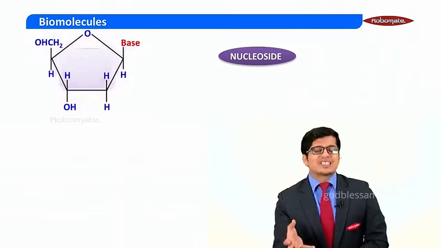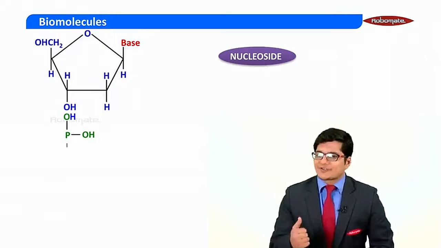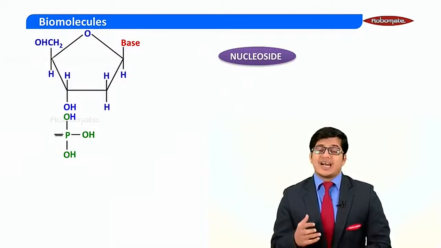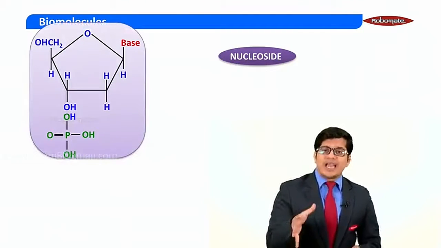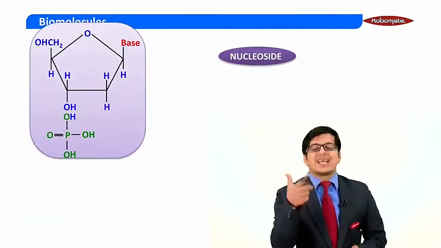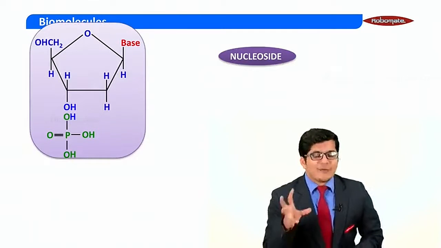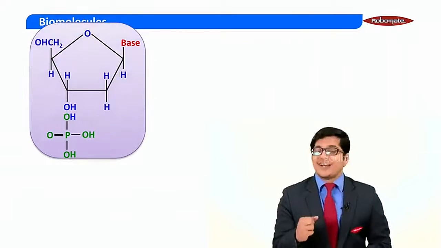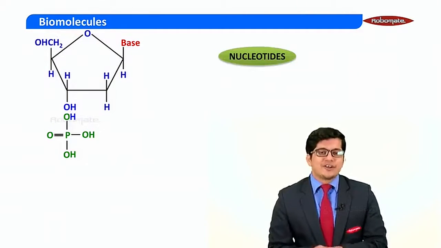Moving further, now let's attach a phosphoric acid group onto this. Phosphoric acid is nothing but P attached to 3 OH groups and a double bond O. So now do we have a sugar, a base and a phosphate group? Yes, we have it. And this altogether is known as a nucleotide.